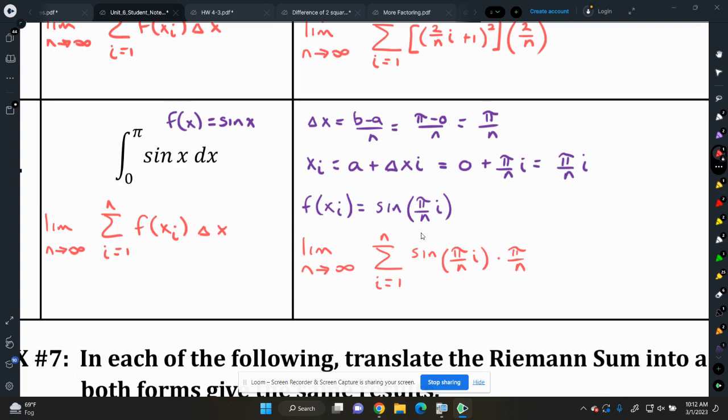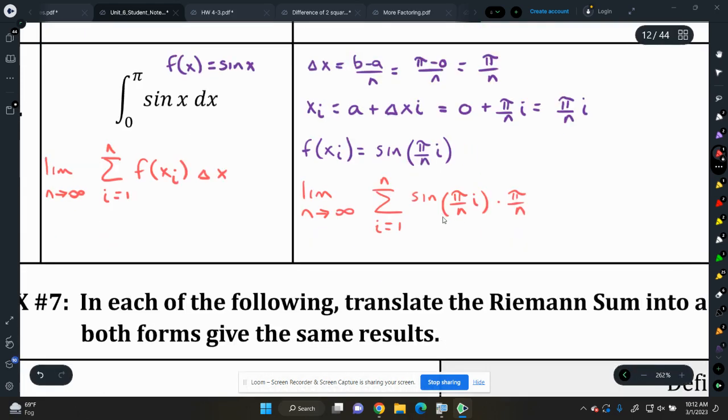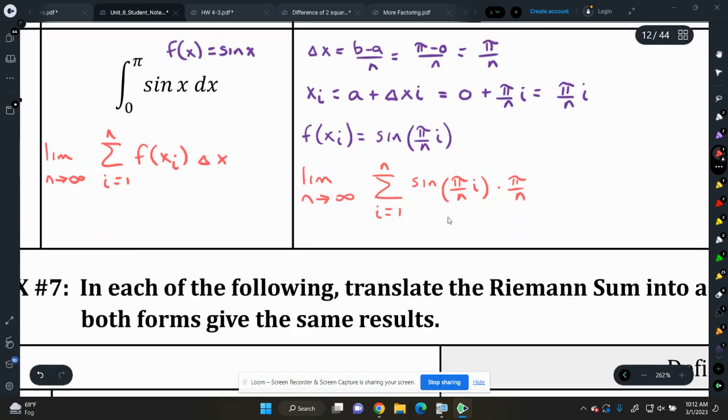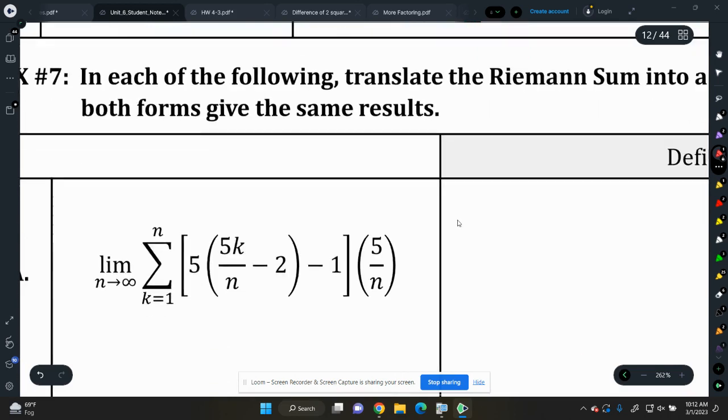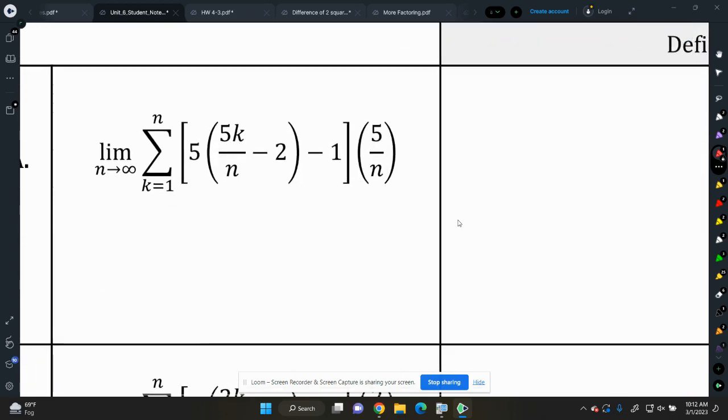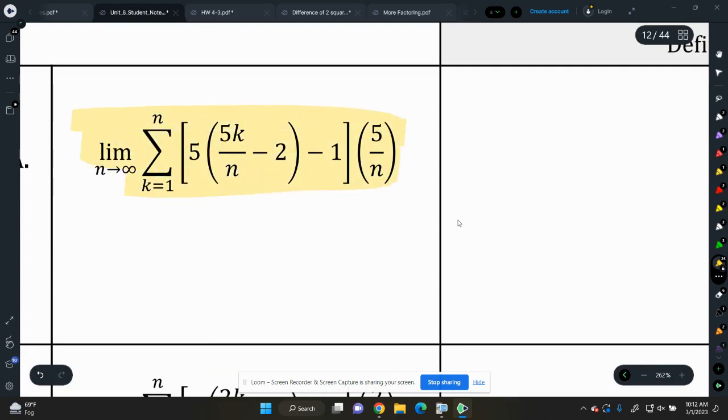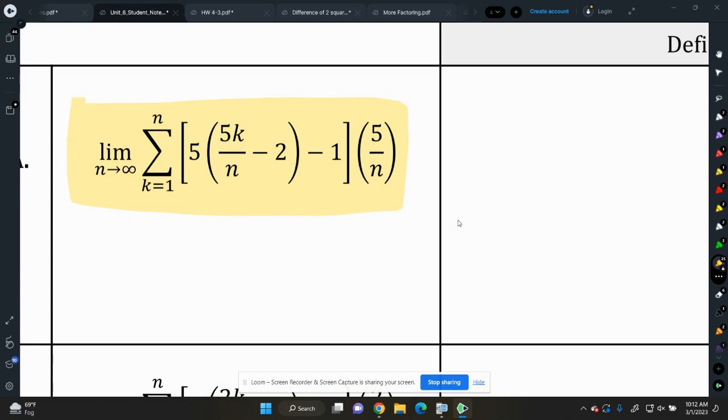What I would like you to try tonight by yourself is to translate this back to the integral notation, so go backwards. I find this to be much harder. Your homework tonight is to see what you can work through with that. If you look at this right away, we know this is my delta x.